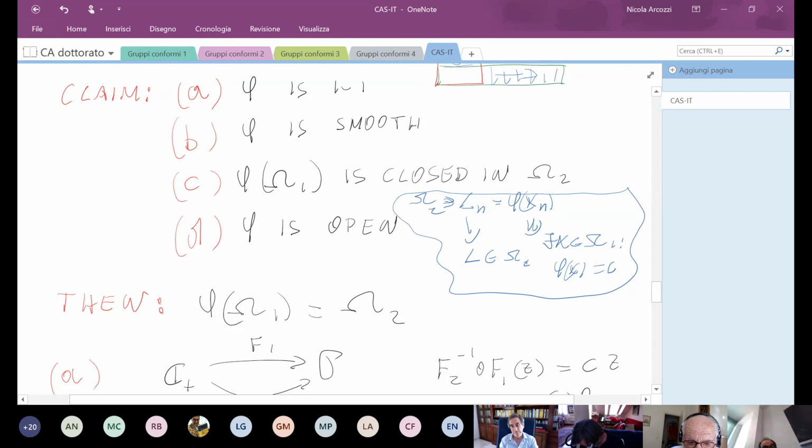Because phi of omega 1 is an open and closed set in omega 2, so it is the union of connected components of omega 2, but omega 2 is connected, so it is the whole of omega 2. Okay. So let's see that this map phi is 1 to 1.